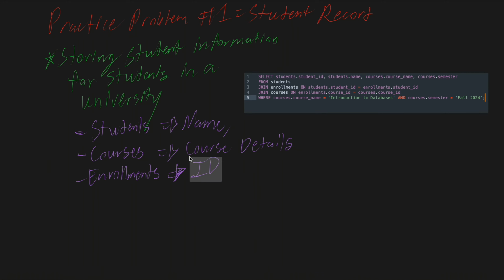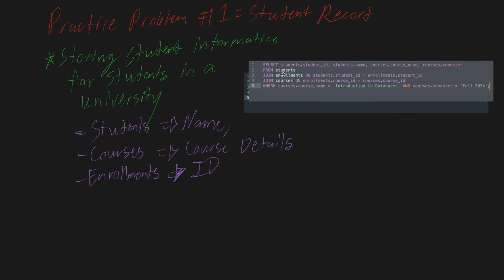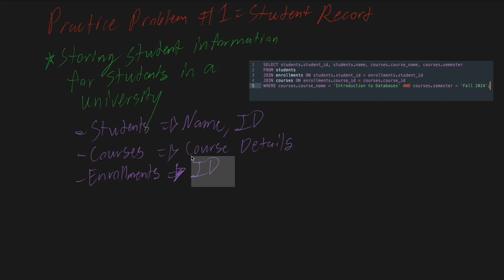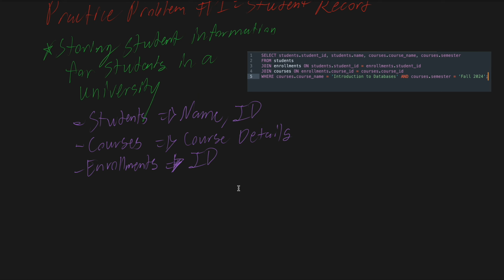So this ID technically is also in the name. There you go. Now it looks like the course ID is already based on enrollments right over here.